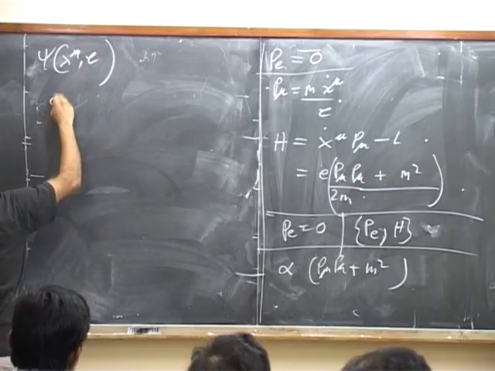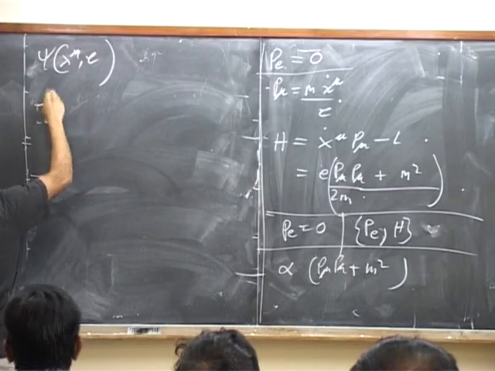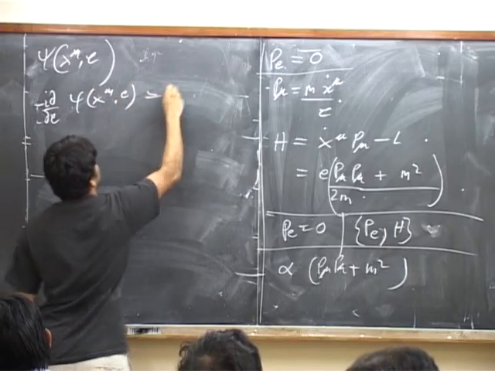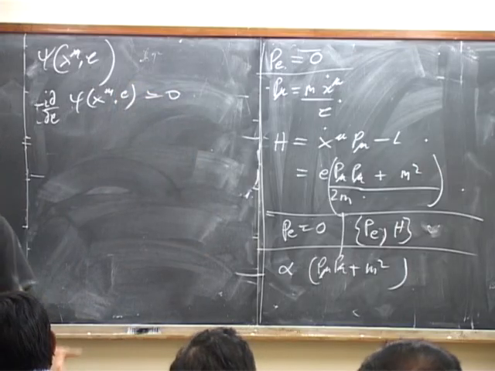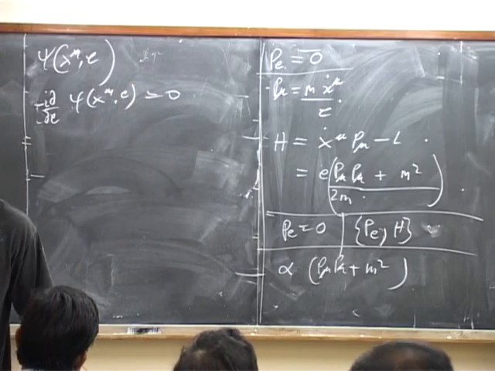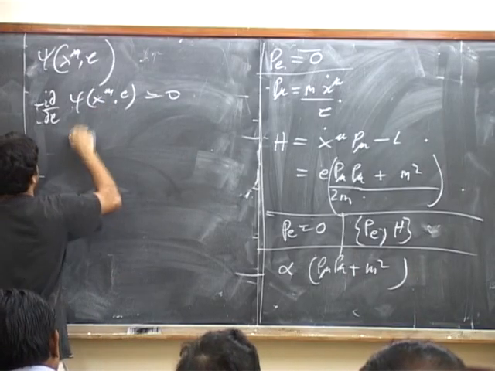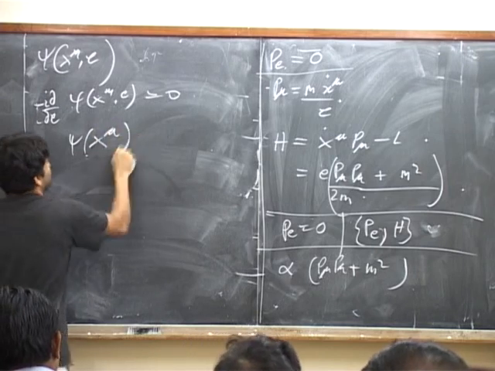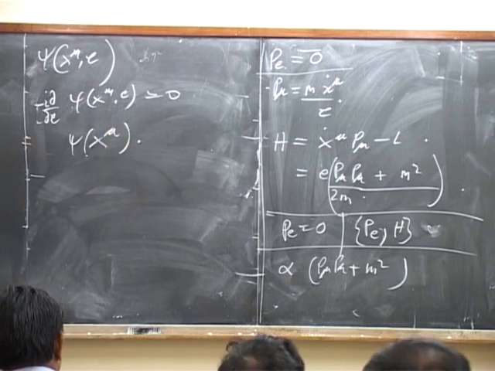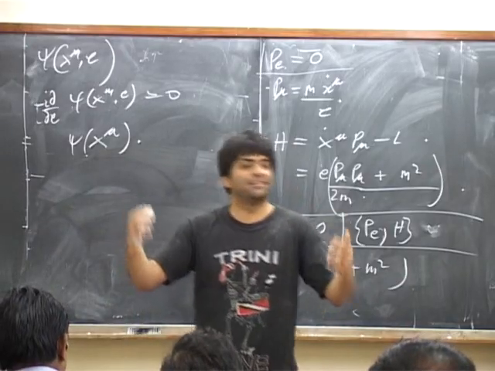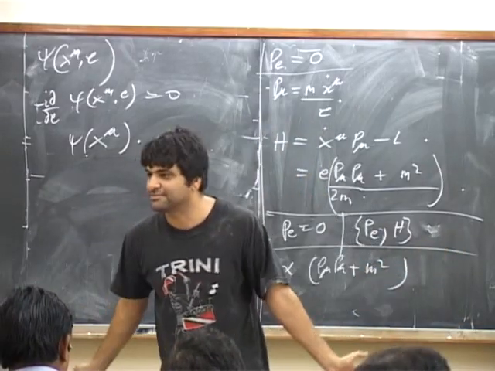P_E is equal to 0. That's minus i d by dE of psi of x mu, e. The momentum conjugate to E is d by dE. And therefore, the solution to this is to make functions that are functions only of x mu. Imposing the second constraint now reduces this problem exactly to the one we've already solved.